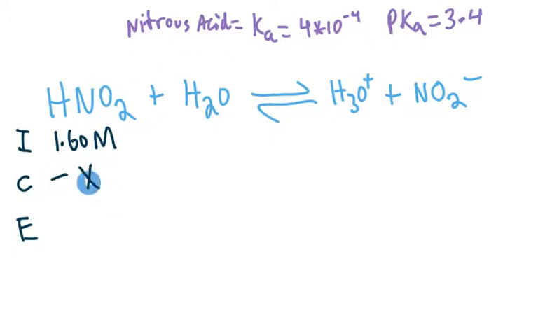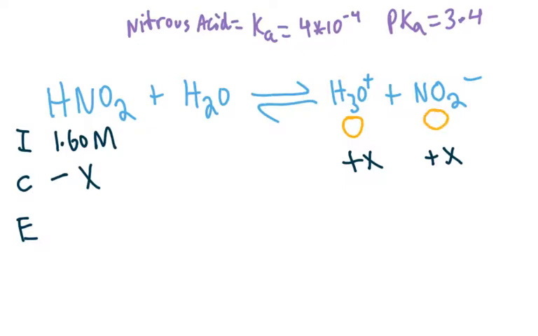Something will decrease out of this 1.6, but it's an unknown value. Whatever dissociates from nitrous acid will be gained by the products, so we gain the same plus x for both our products. Initially there are no products formed because it's the start of the reaction, so we have 0 here.